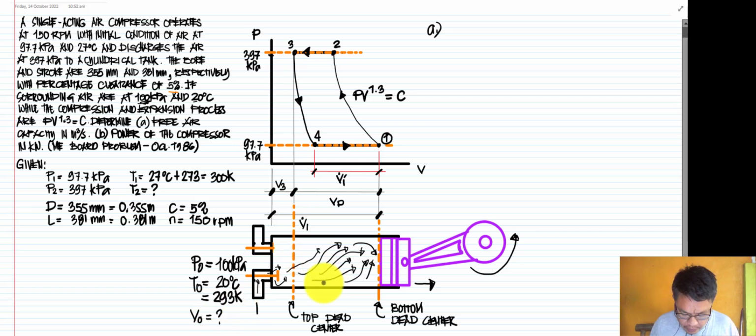Now, we can compute this by using your relationship: we have your initial P sub 0 and V sub 0 divided by T sub 0. Since the air goes from outside and enters the compressor, we have a second state. This is the first state, and we have point 1 for the second state. So we can equate this to P sub 1 and V sub 1 divided by your T sub 1.